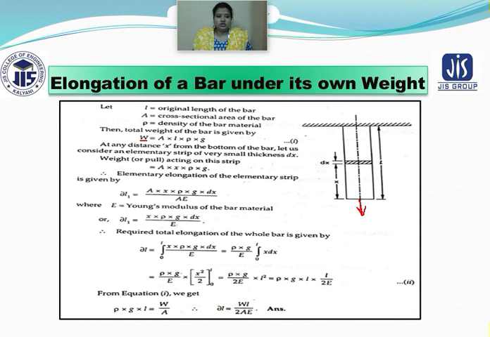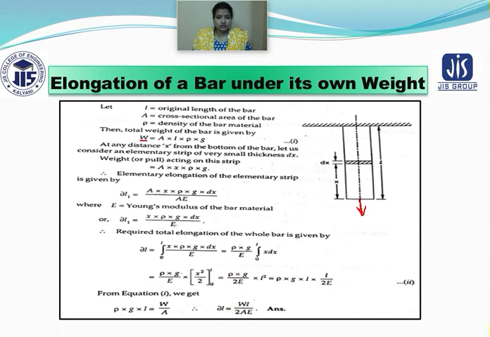So the total weight of the bar is given by W equals area into length into density into gravitational pull.